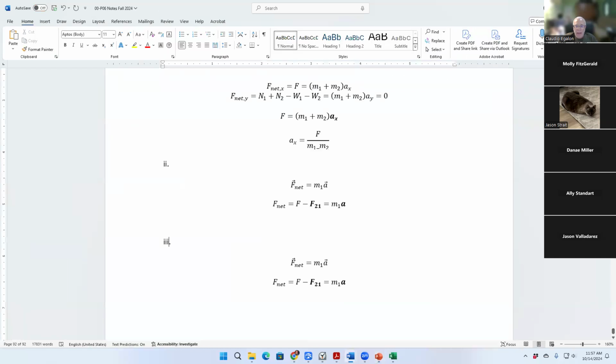And now, in this specific case, the net force, F of 1 in 2, is equal to M2 times acceleration. And just like before, I'm going to remove the arrow there at the top.